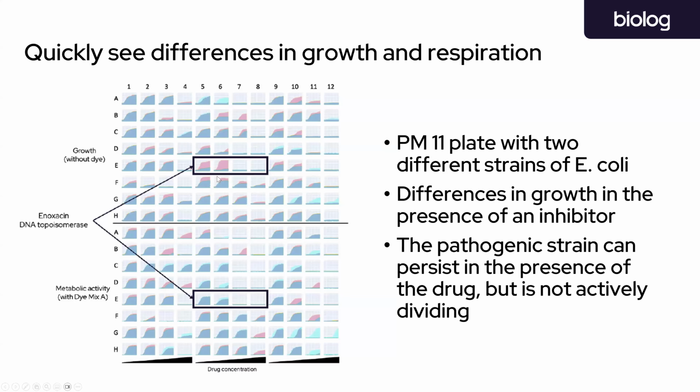But if we look without dye at the top, you can see that the pathogenic strain is not actively dividing or growing. It's just using its energy to stay alive or persist, whereas the other strain can actually keep growing in the presence of this drug. And then same thing at the high concentrations, neither strain can grow or survive. So this is an example where you can use this data to make comparisons very quickly.